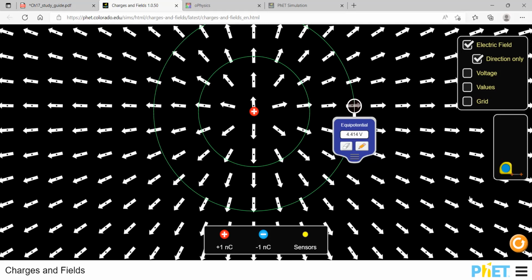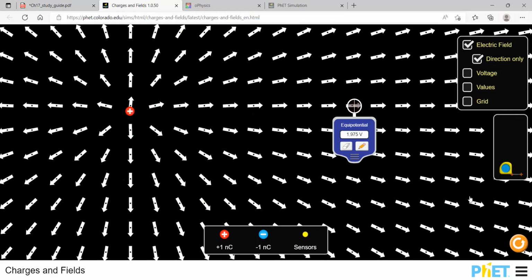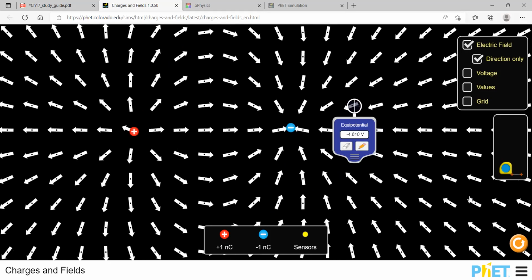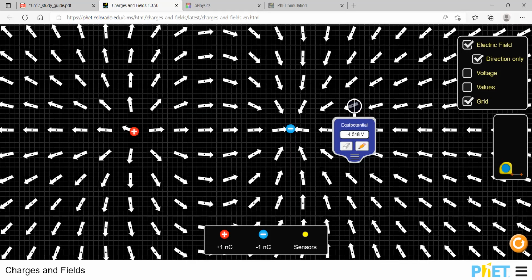For an individual single positive charge or single negative charge, it's basically a circle, or in 3 dimensions a sphere. But when we have a combination, for example a positive charge here and a negative charge here, this shows the electric field lines.